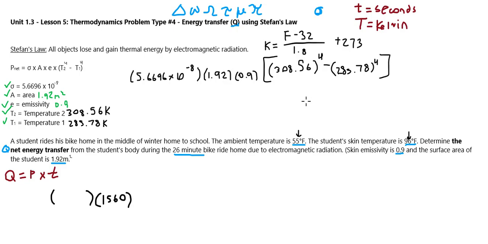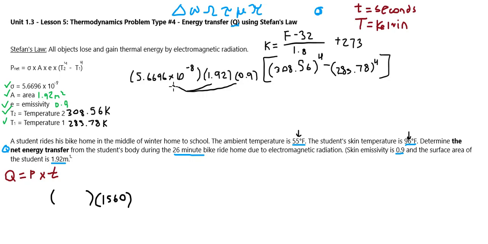Now what? Well, first, let's just do this first part. Forget about that exponent part. Let's multiply these three things. Something to note is that we leave out that 10 to the negative 8th power for now.